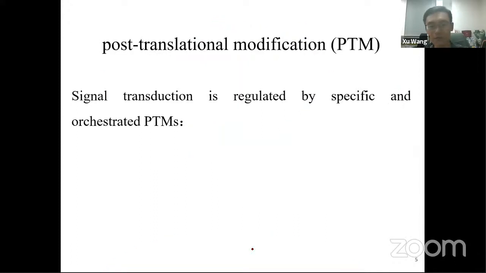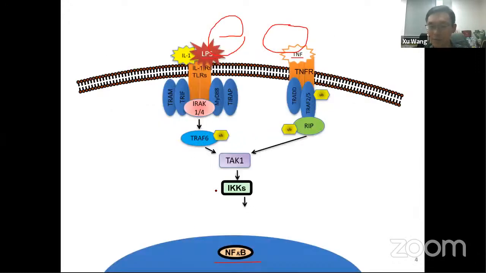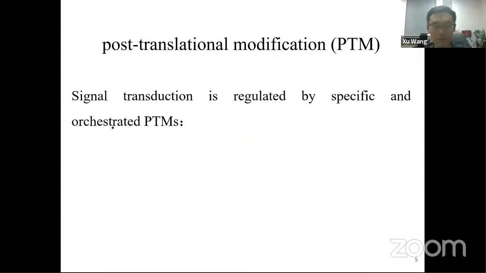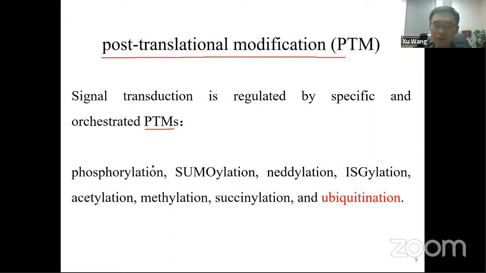But the signaling pathways, for example, this NF-κB signaling pathway, must be properly regulated, and ubiquitination is one kind of regulator. Signal transduction is regulated by specific and orchestrated PTM, or post-translational modifications. The post-translational modifications include phosphorylation, sumoylation, neddylation, and in this class, we will talk about ubiquitination.